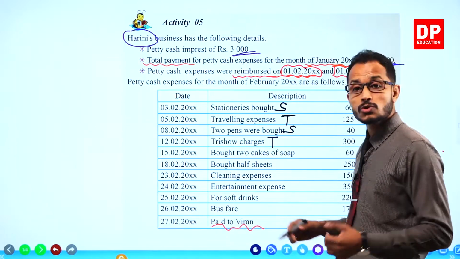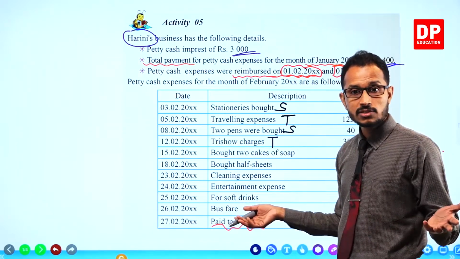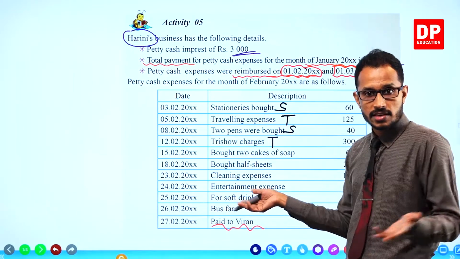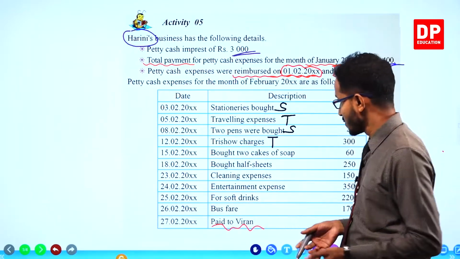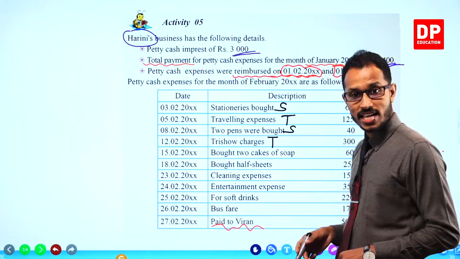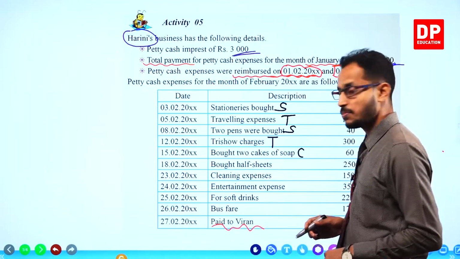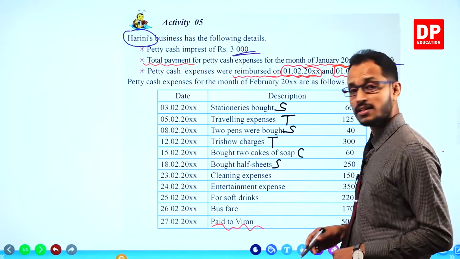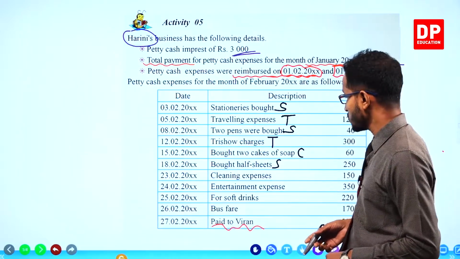Bought 2 cakes of soap. Why do you buy cakes of soap? You're gonna eat cakes, right? No. You don't eat soap. Soap is for cleaning. So we'll put C for cleaning. Half sheets, of course, it's a stationery expense.